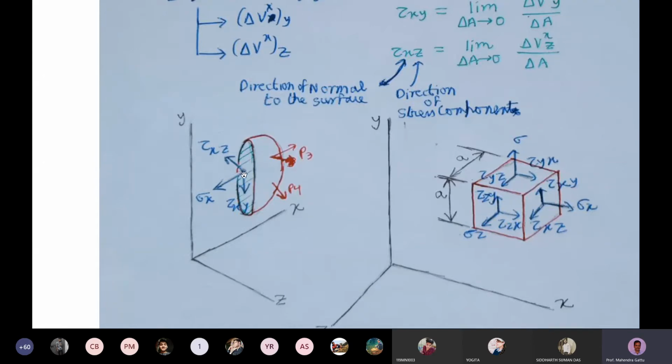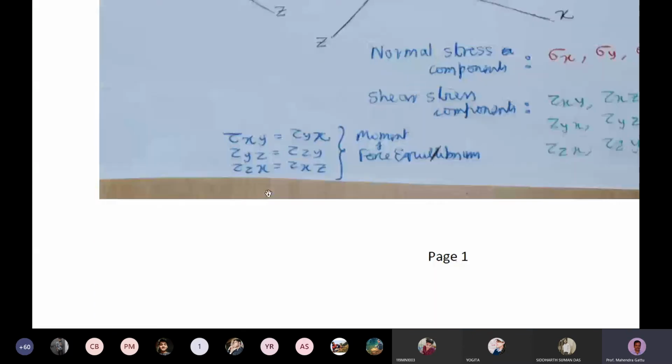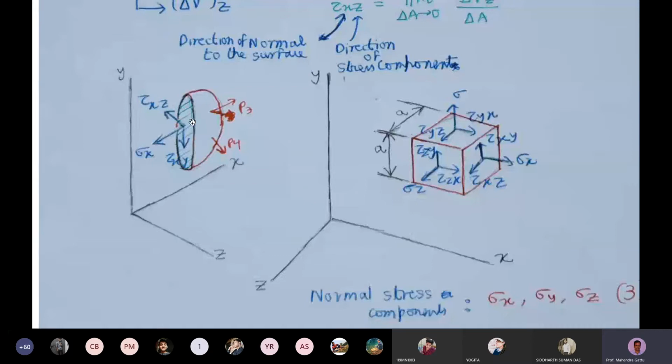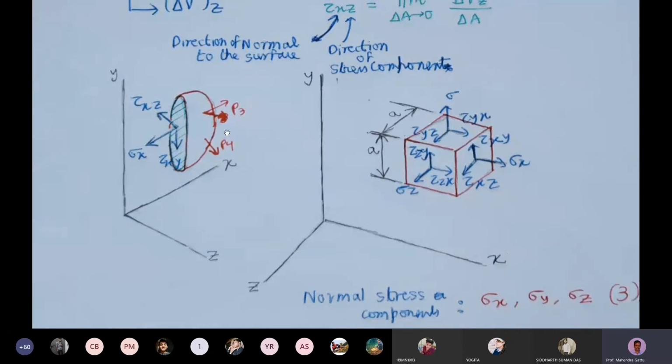So these stress components are now acting in opposite directions when you look at the free body diagram from the other side. Both these components should balance out. On the opposite faces, whatever stresses are there will balance out, and the net force will be 0.